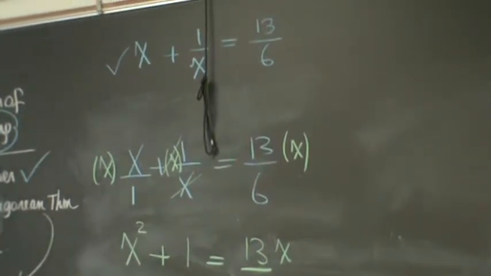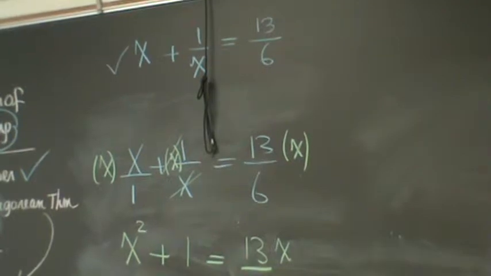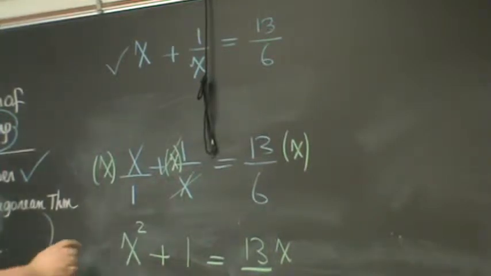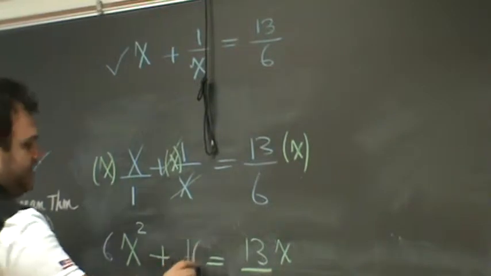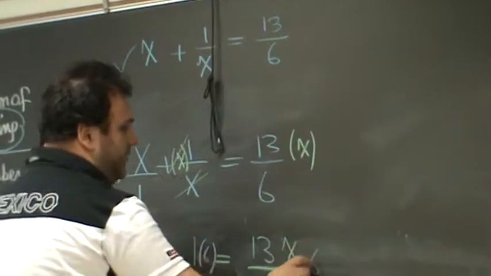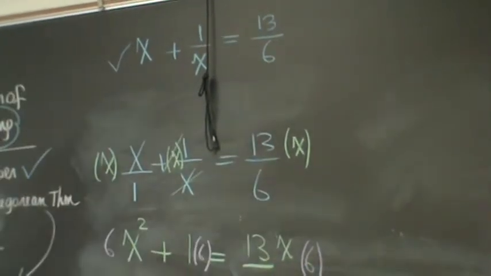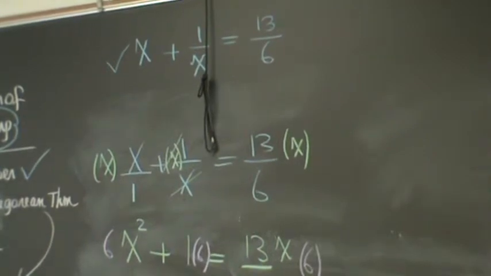Now what do I need to get rid of? How do I get rid of the 6? Multiply every term again by 6. Seems reasonable. Let's do it. Multiply here by 6, multiply here also by 6, and multiply the right side of the equality by 6. What happened now?